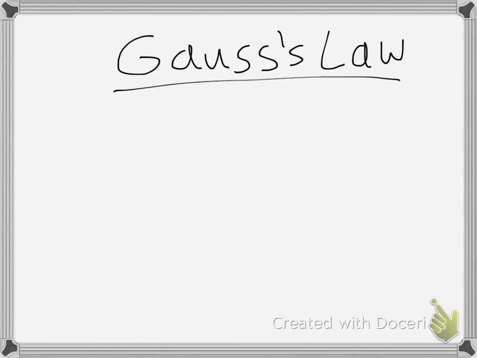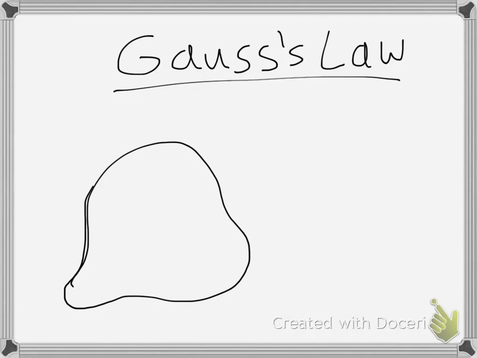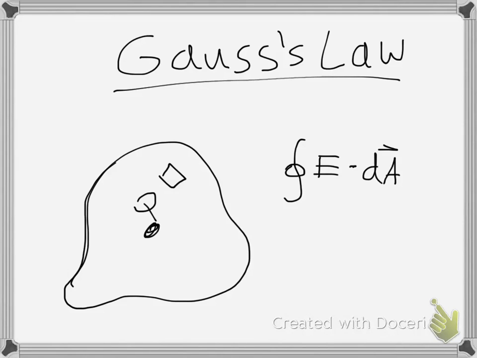In the last video we learned that the electric flux through a surface with the charge inside is equal to the integral over the whole surface of E dot dA. E is the electric field vector at a point on the sphere, and dA is the area vector of a little area element dA.